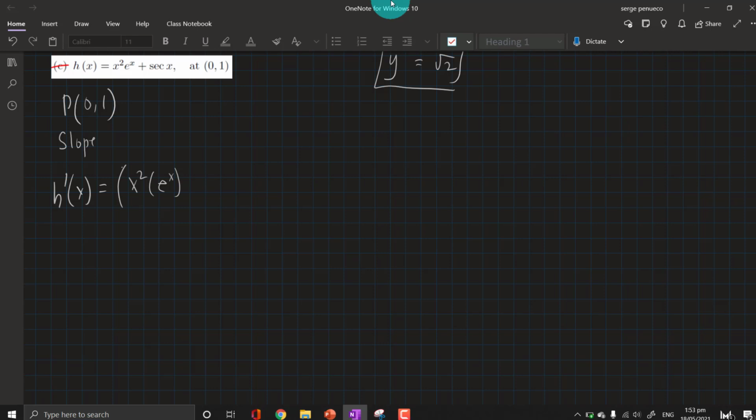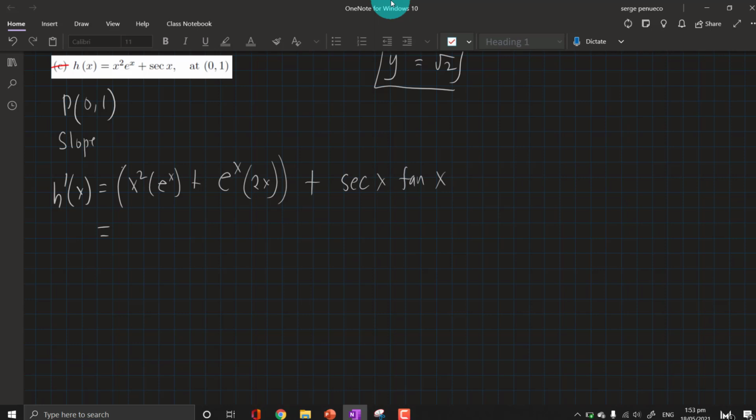Okay, plus e raised to x multiplied by the derivative of x squared which is 2x. Okay? Plus, anong derivative ng secant x? O kung titingnan ninyo dun sa ating listahan ng mga derivative, the derivative of secant x is secant x tangent x. Okay? And then we simplify further.